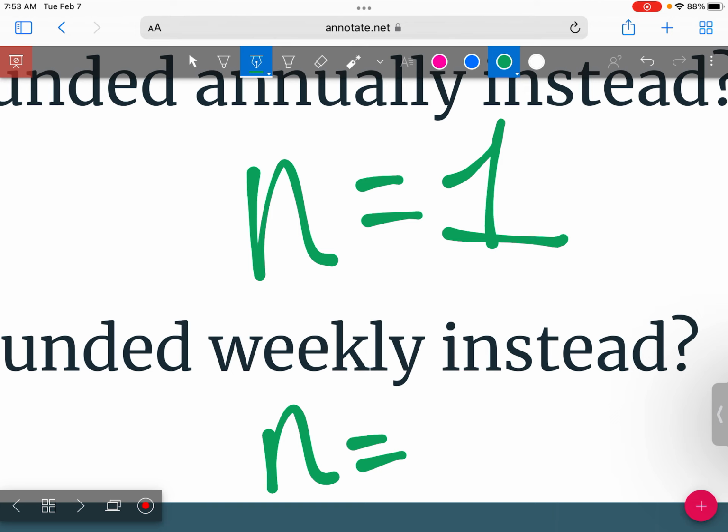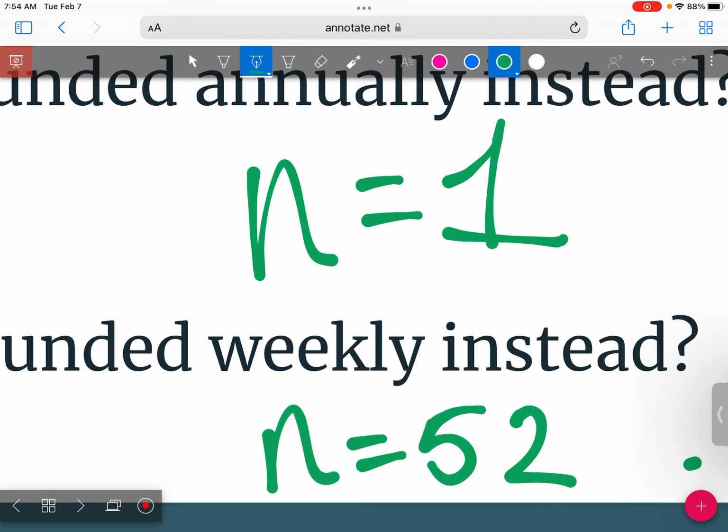How many weeks are in a year? 52. So if it was compounded weekly, it would be 52. Now this is absurd, but if it was compounded daily, how many days are in a year? 365.